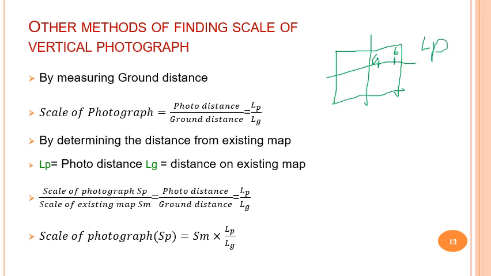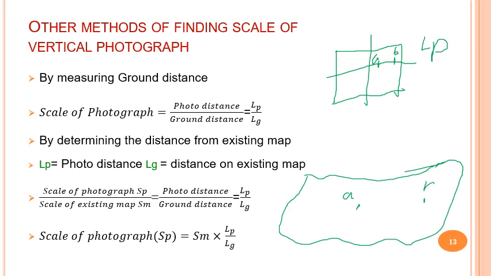Now, all these are the dimensions measured on the ground. This is AB.